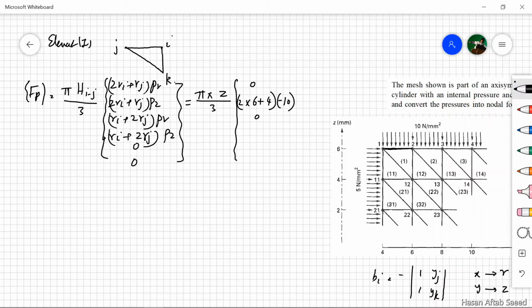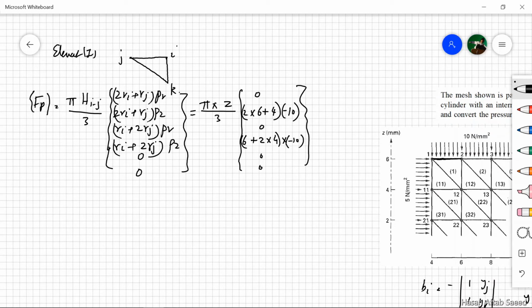Now RI plus 2RJ, this is 6 plus 2 into 4, again into minus 10, and then you have 0 and 0. So if you calculate, then you get 0, minus 335, 0, minus 293, 0, 0.